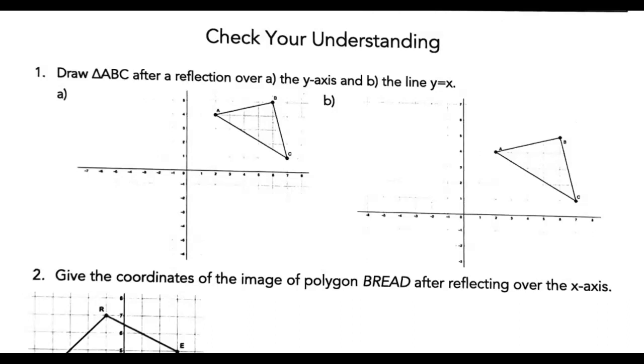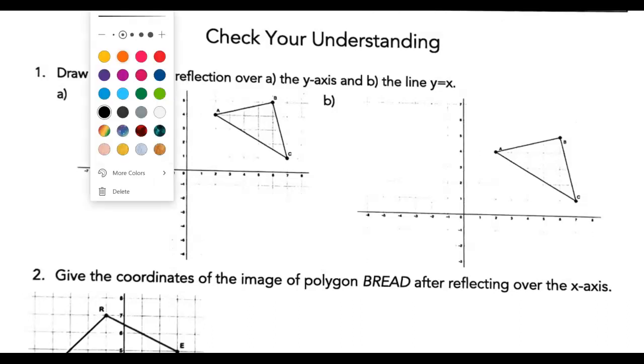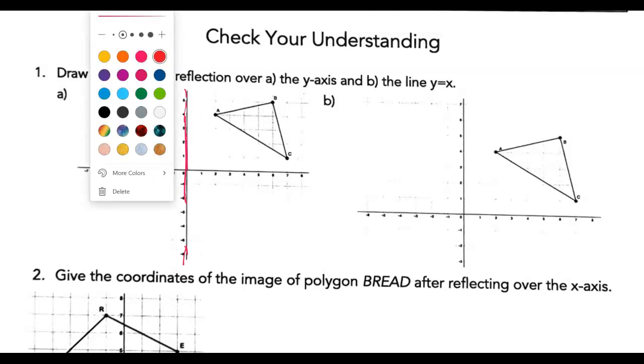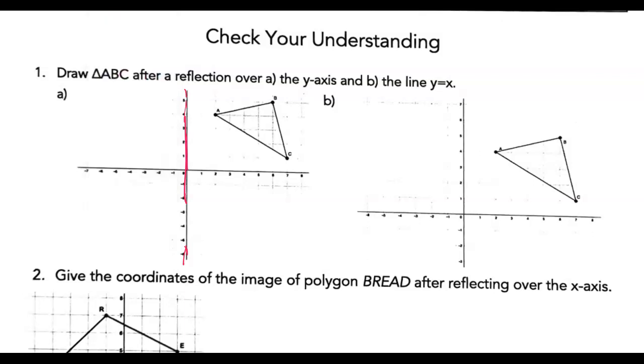Alright, so if we're reflecting over the y-axis, here's where we're reflecting. Okay, so each point here is going to be the same distance on the left side of this pink line as it is on the right side.